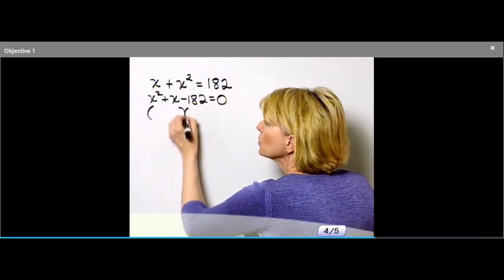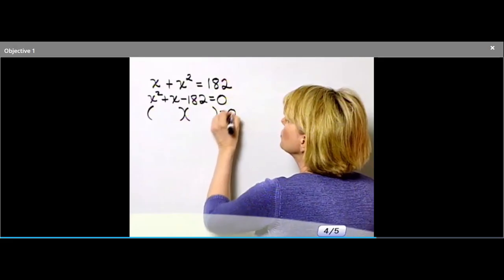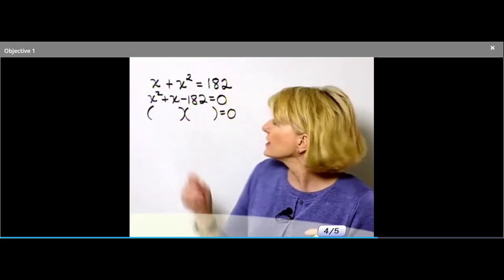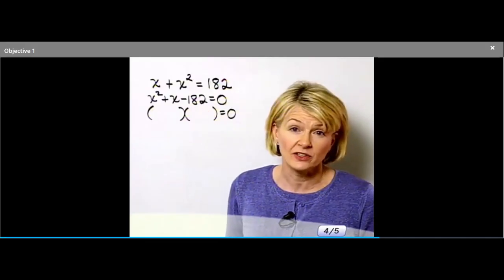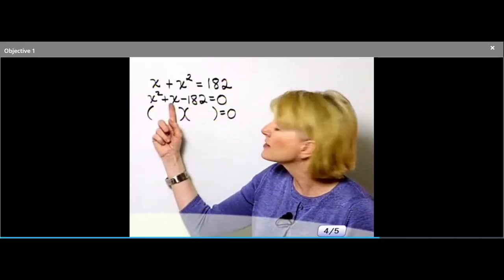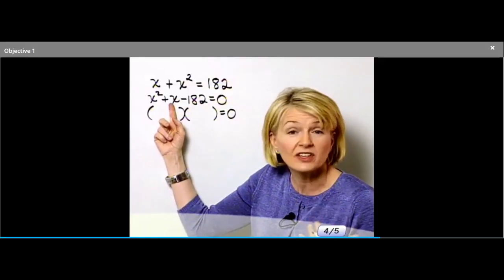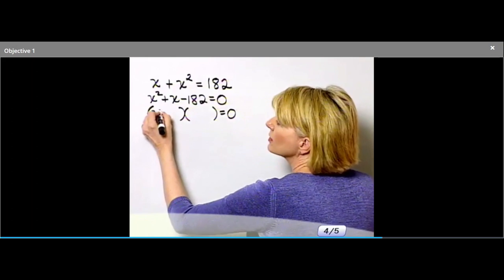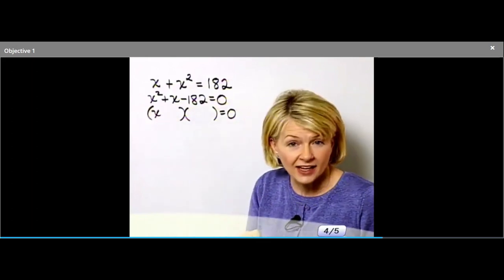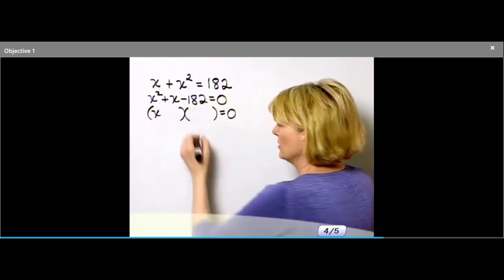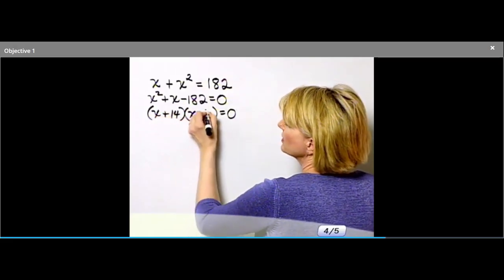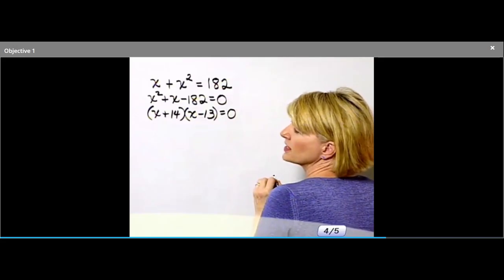You may need to work with 182 for a while, but we're looking for two numbers whose product is negative 182 and whose sum is the coefficient of x, which is 1. Those two numbers are 14 and negative 13, but again, you may need to work with that a little bit. So 14 and negative 13.